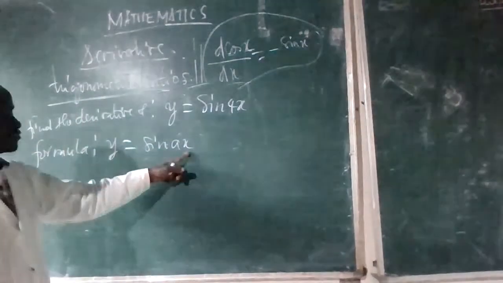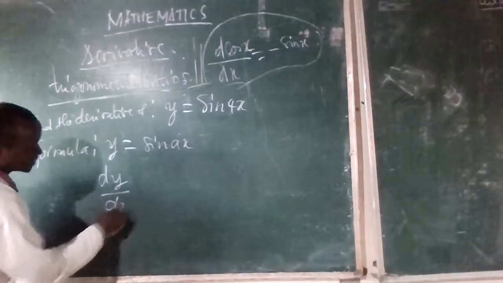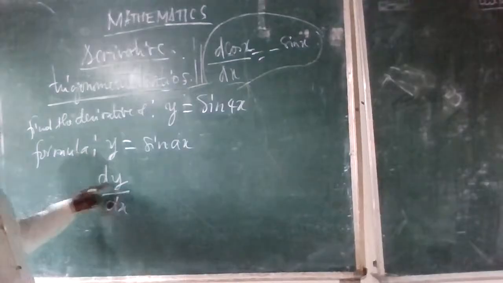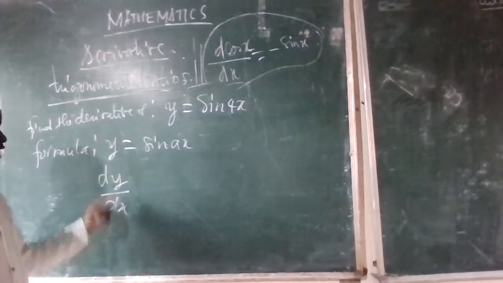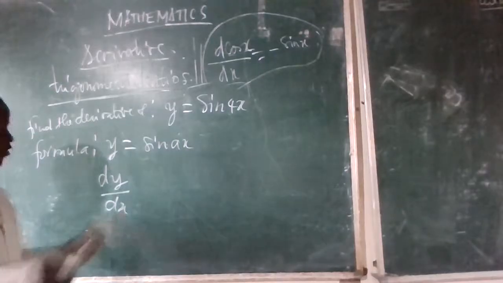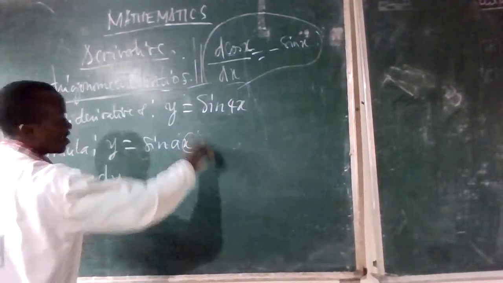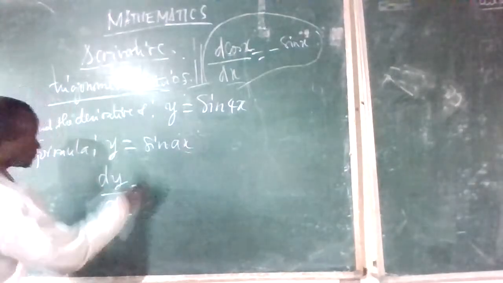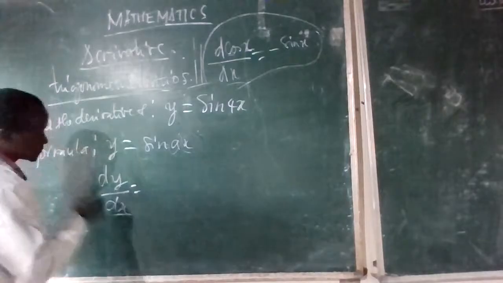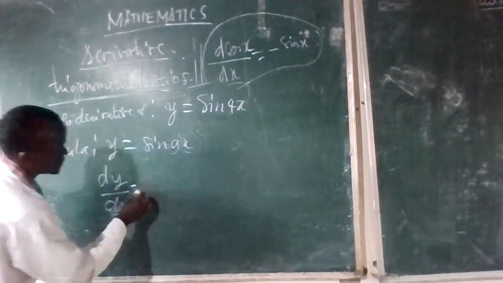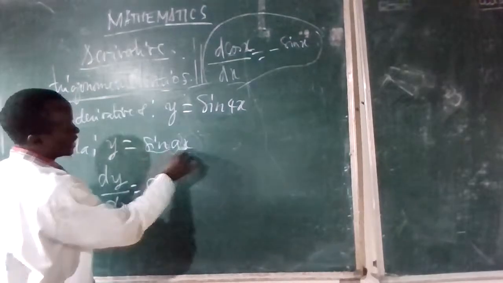Now its derivative, dy over dx, means the derivative of this function y with respect to x. You have to take this a, then you make a derivative of this sine.